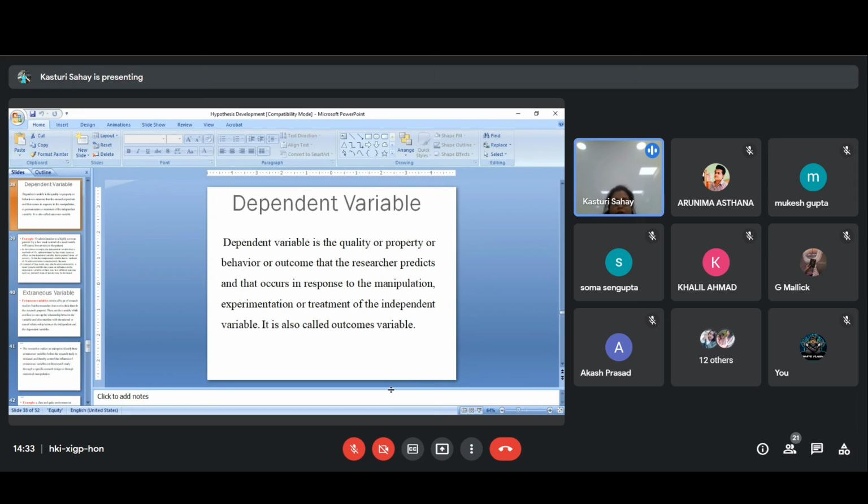So it is the quality or property or behavior, or as we were saying, outcome, that the researcher predicts and that occurs in response to the manipulation, experimentation, or treatment of the independent variable. It is also called outcome variable because it defines the outcome of an experiment or of a treatment of the independent variable. I hope this is clear.